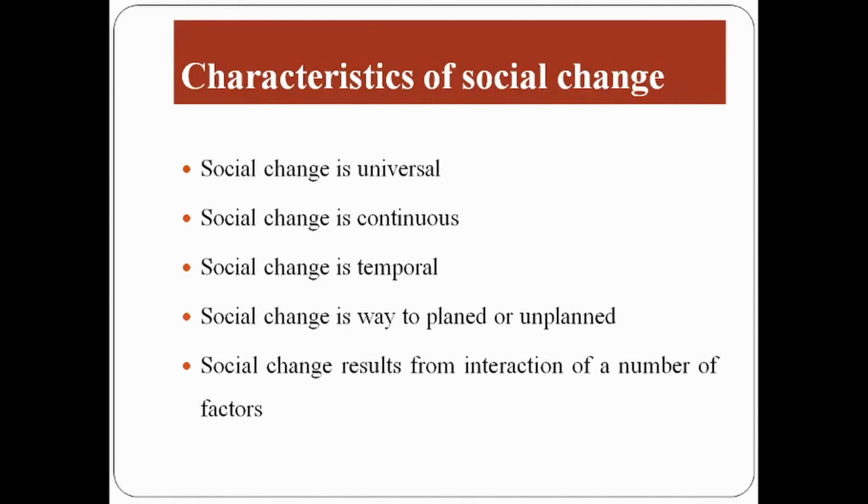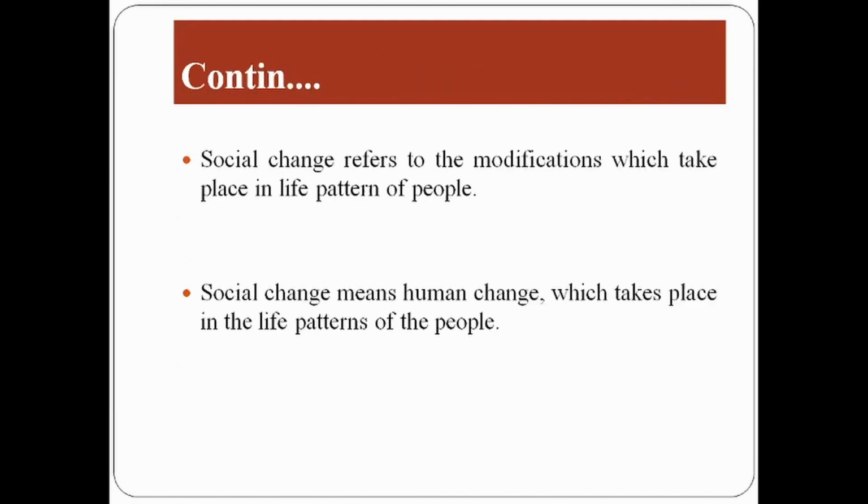Next is social change results from the interaction of a number of factors. As you all know, there are a number of factors which lead to social change, like demographic, technological, cultural, biological, ideological, educational and economic factors. These are the important factors which lead to social change. And social change refers to the modifications which take place in the life pattern of the people.